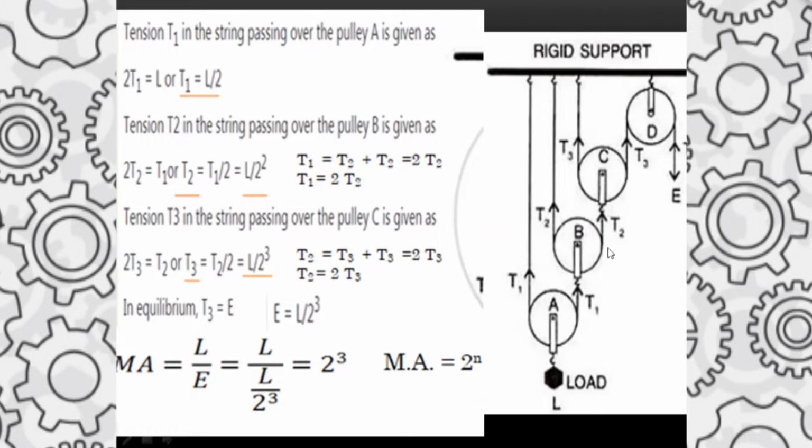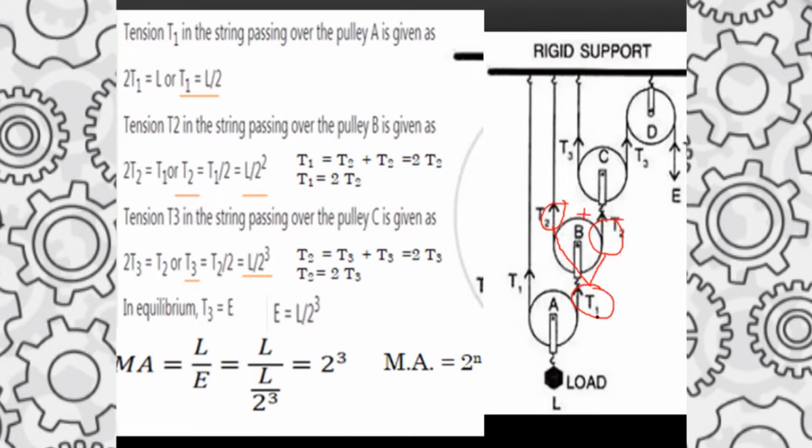So T2 plus T2 is equal to this T1. I can say these two are supported by the single T1, so this single T1 is nothing but the combination of this and this. So T2 plus T2 is equal to T1.